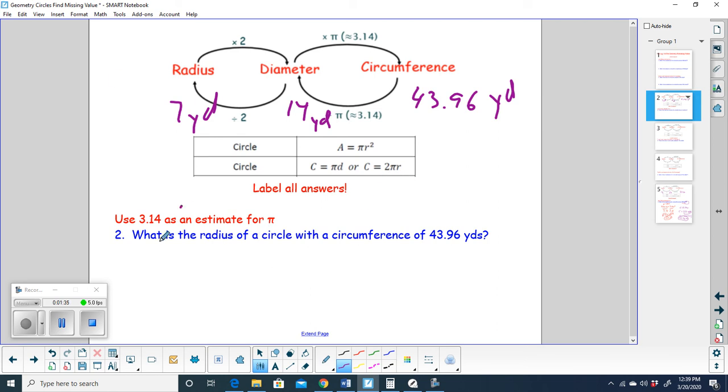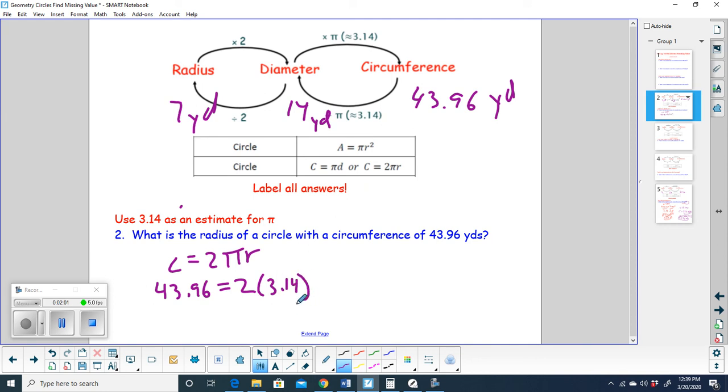So circumference equals 2 times pi times r. The question says the circumference is 43.96, so I'm going to replace that with 43.96 equals, bring down the 2, and replace pi with 3.14 because it asked me to use 3.14 as an estimate.